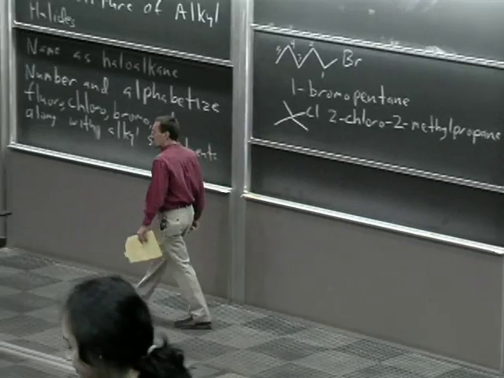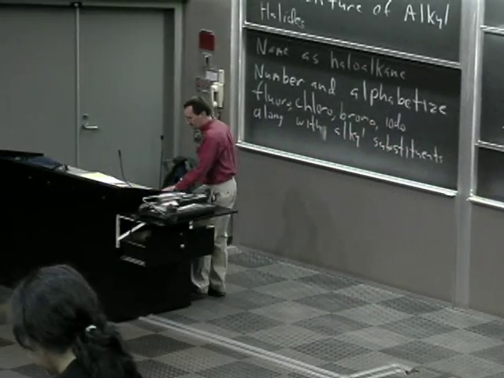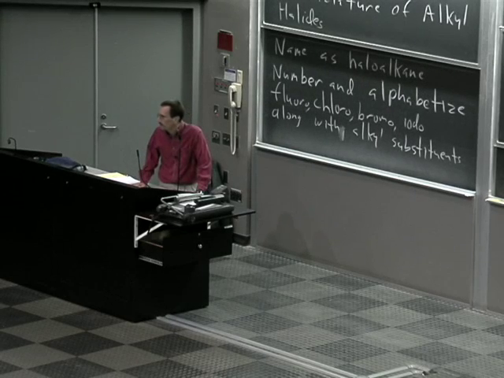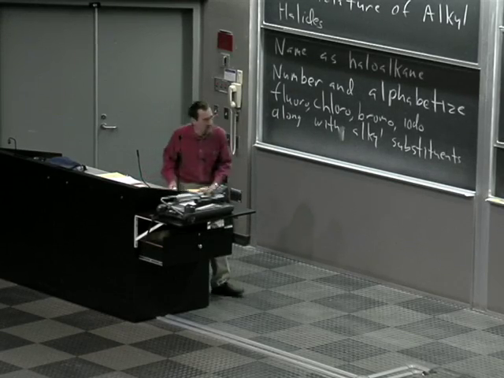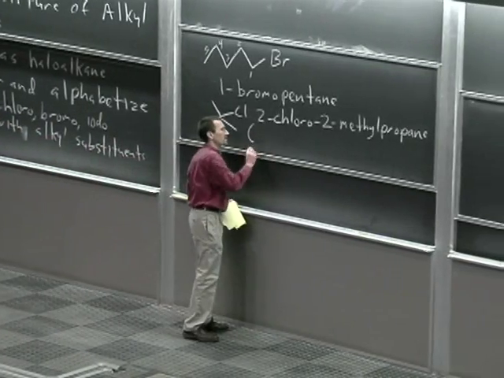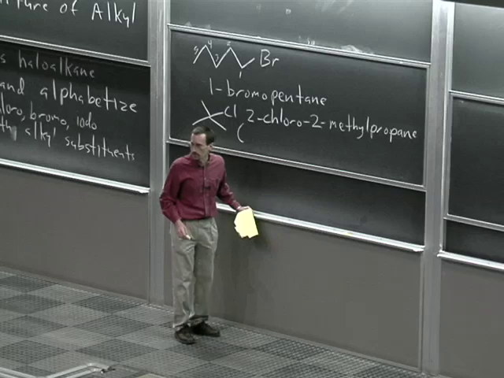And as is often the case, many compounds have common names, trivial names that sometimes are so widely used that they are the things that really will roll off the tongue of a practicing organic chemist. When I write out these names, I'll try to remember to put them in parentheses just to make a distinction for your notes.